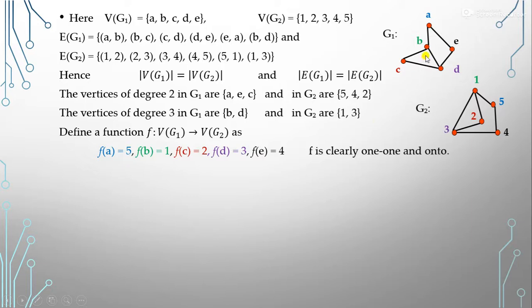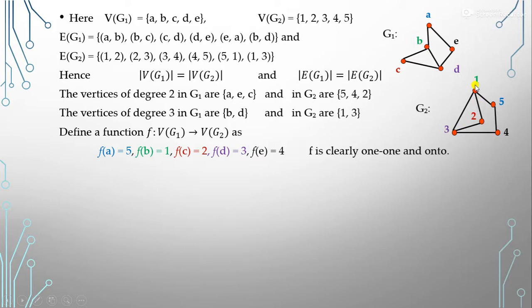Now come to the point B. So B vertex, what is the image of B here? What will be the image? Here you can see that B vertex is a 3 degree vertex and it is connected to two 2 degree vertices, both 2 degree vertices. So which point is the 3 degree one? 3 and 1.